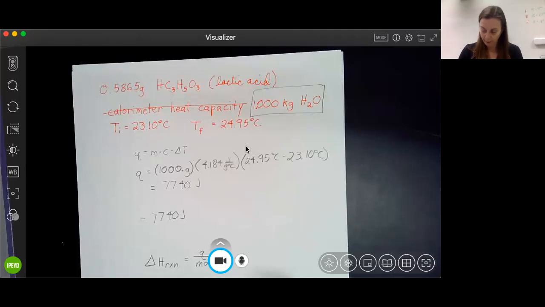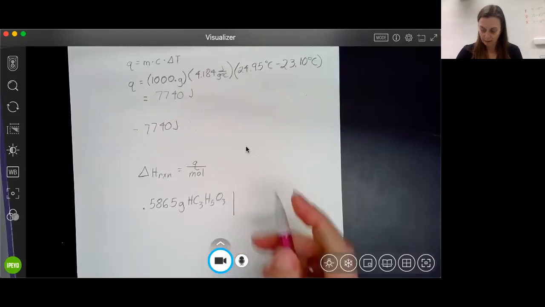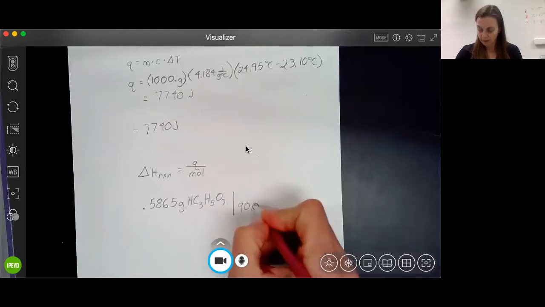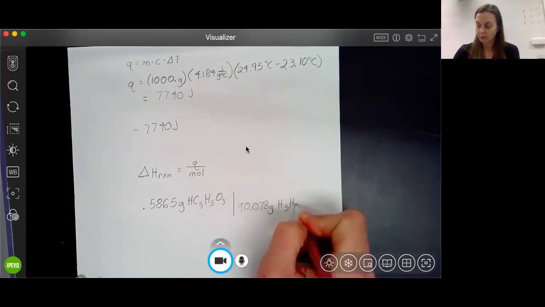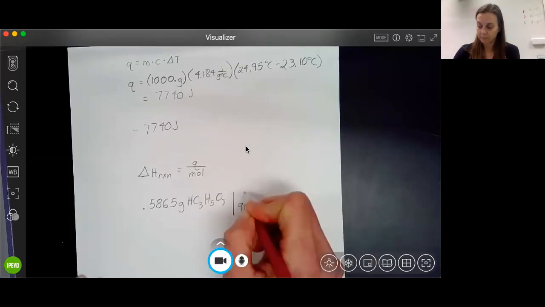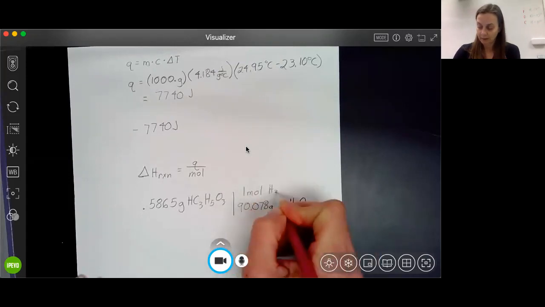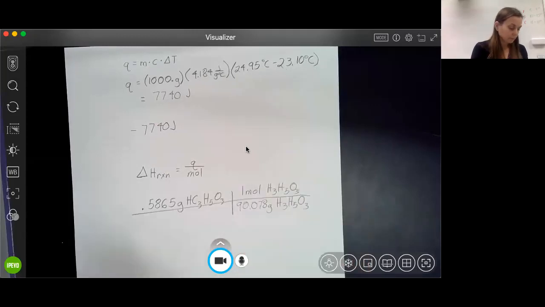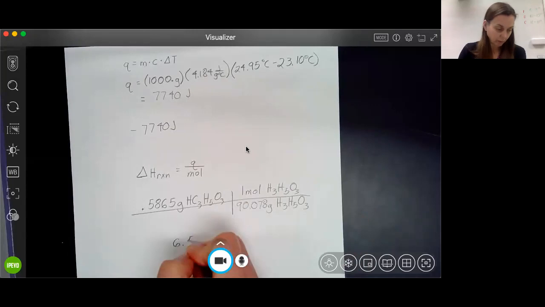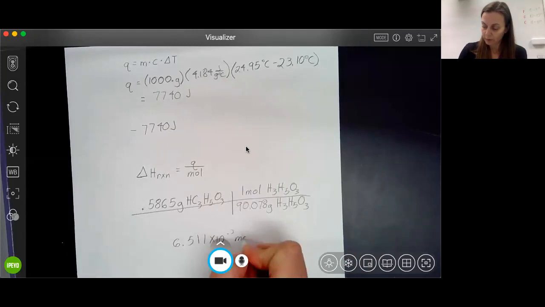And so the molar mass of lactic acid is 90.078 grams of lactic acid for every mole of lactic acid. And so we're going to find our number of moles. And we get that we have 6.511 times 10 to the negative third moles.